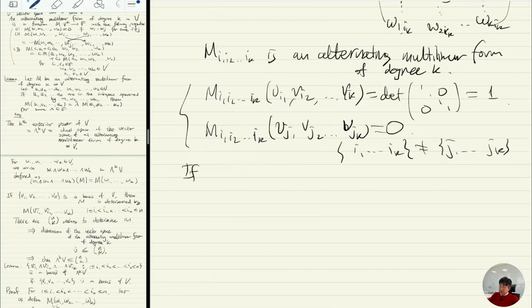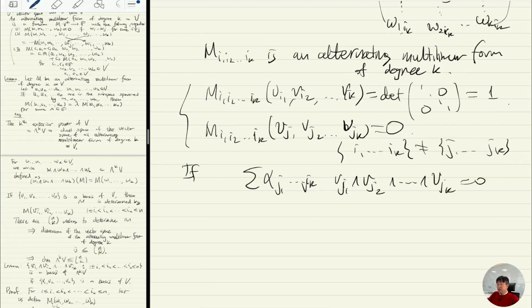So suppose there's a linear combination of the Vj1 wedge Vj2 wedge ... wedge Vjk that is 0.